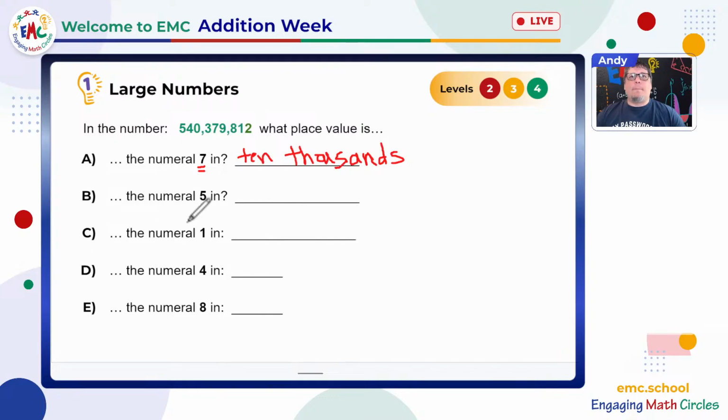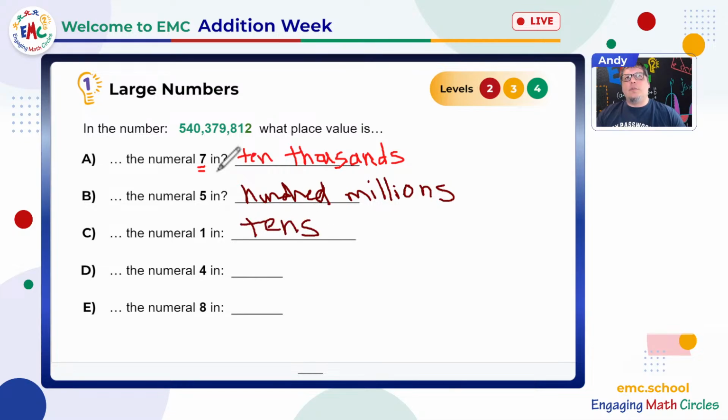Taking those up, we are in the 100 millions. Millions place. The biggest possible place for this number. 100 millions place. The numeral 1 is in the tens place.